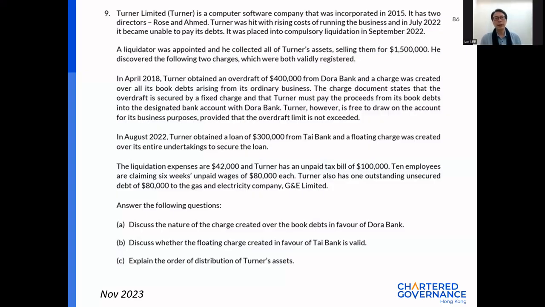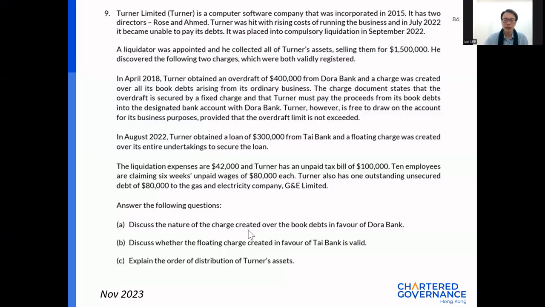So obviously, the most important thing is the priority, the ranking, because in an insolvent liquidation, whether you get paid first or second or third or fourth does matter. If there's not enough money to repay everyone in full, the earlier you get repaid, the higher chance you get something.